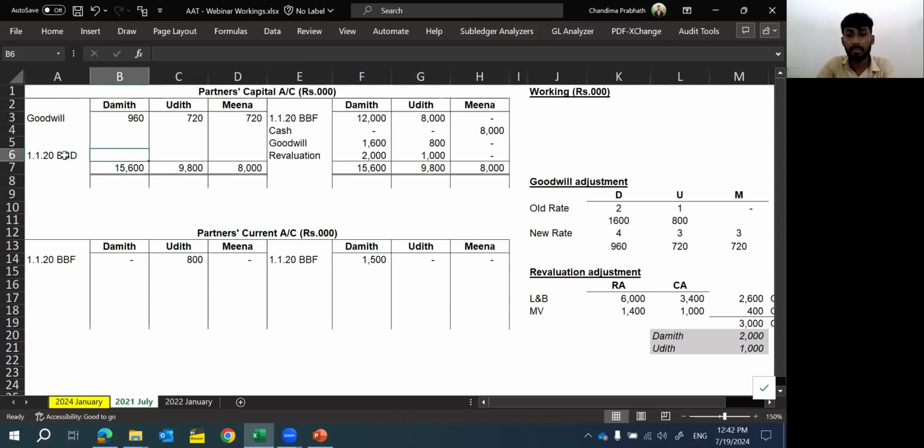So 15,600 less 960 is 14,640. This is the balance brought forward on the second date: 14,640.